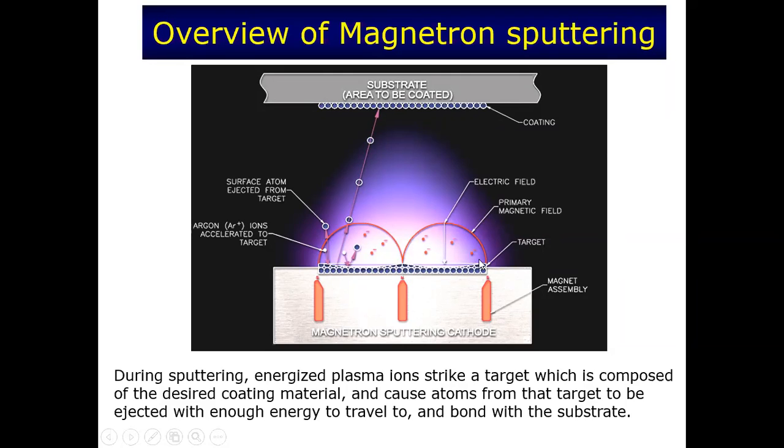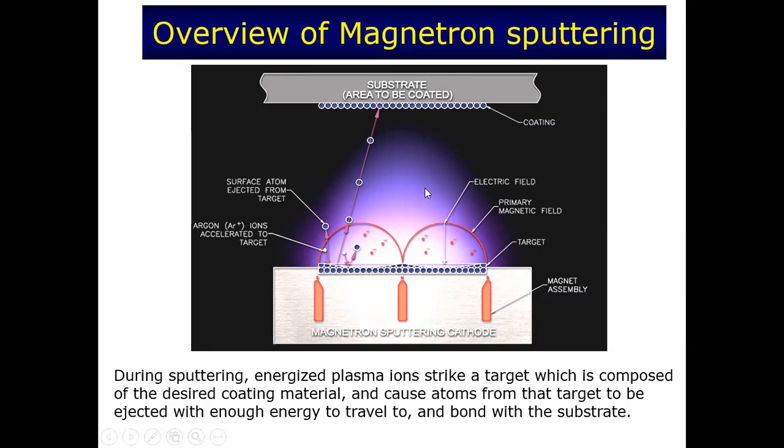When these electrons that move along the magnetic field collide with argon, the argon will lose electrons, and it will transform itself into ions. So now, rather than argon atoms or argon gas, we have argon ions.